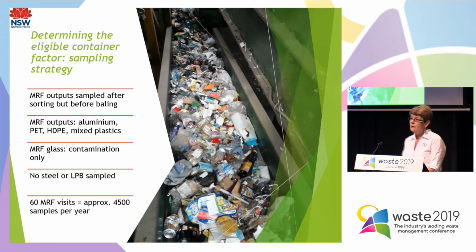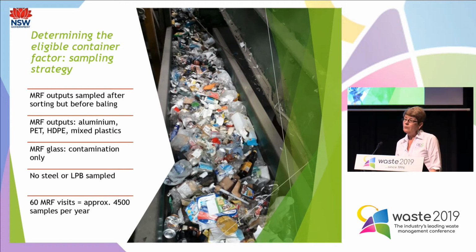To determine the factors for all the other materials that is not glass, we have to intercept the material before it's gone through the baler. So after it's been sorted, after the last QA point, but before the baler or before it's compacted, we need to intercept the number of samples as per each of those materials.